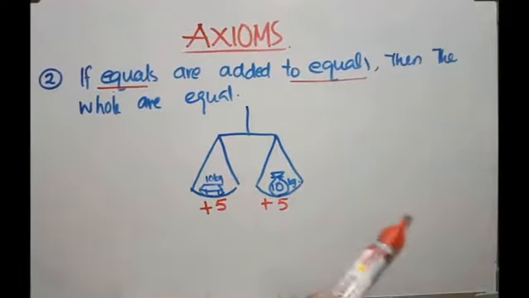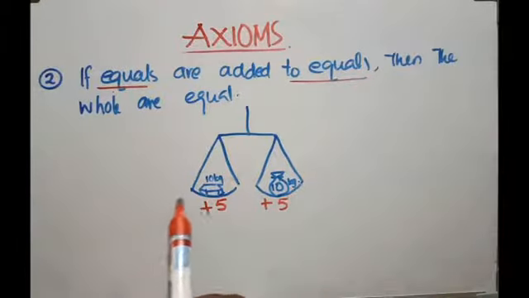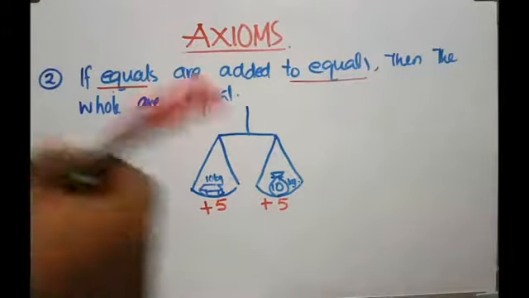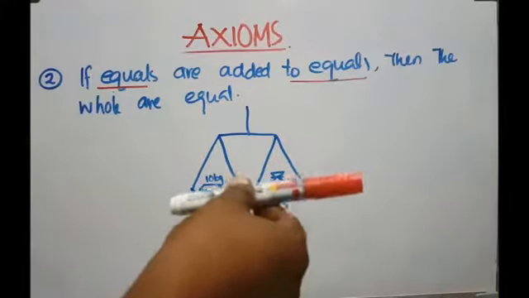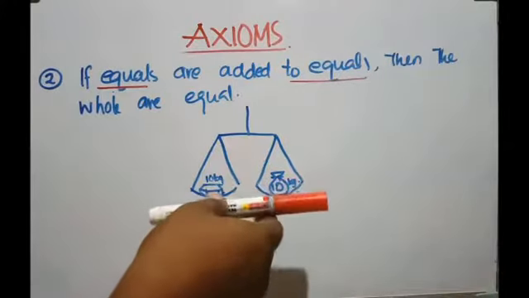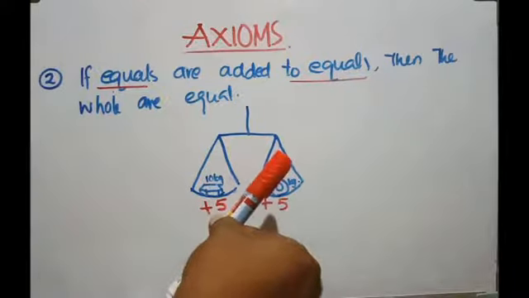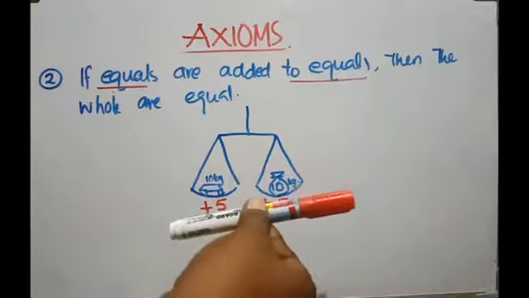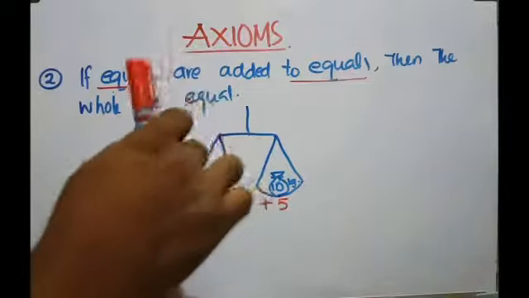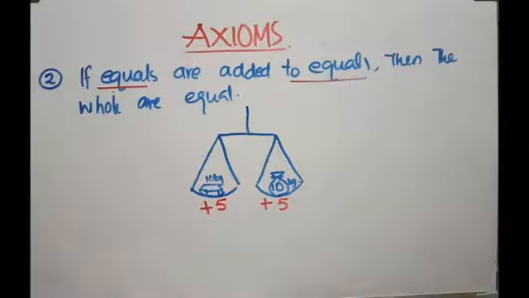So what happens to the balance? Yes, it still remains balanced. But if we add this 5 kg only on one side, what happens? It becomes unbalanced. If we add on the other side, again it becomes balanced. That is meant by, if equals are added to equals, then the wholes are equal.